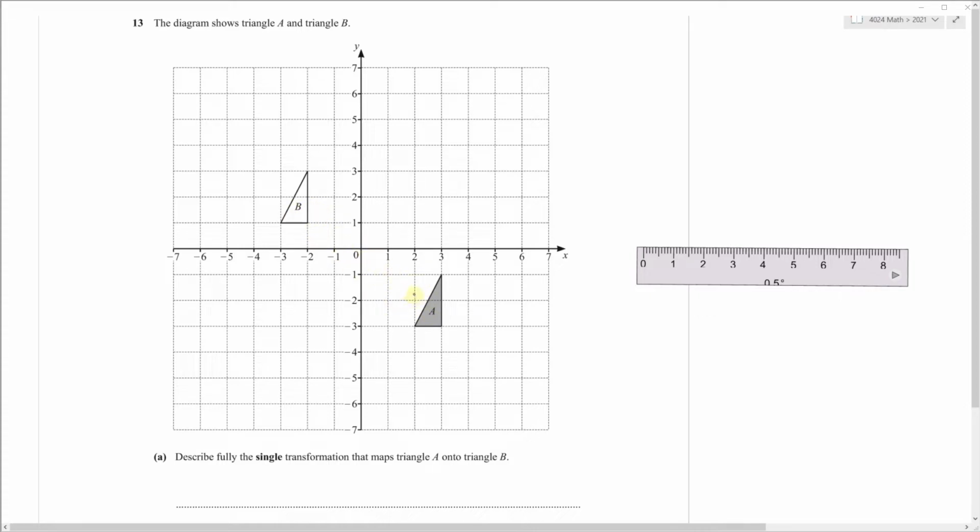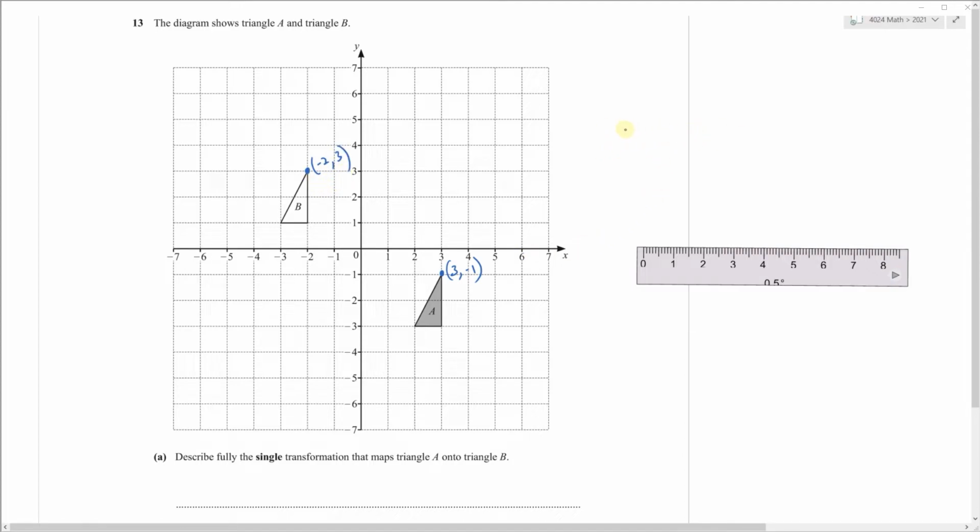So to find the translation vector, I can take any vertex of the object triangle A. Let's take this. Sorry, it has coordinates 3 and minus 1. And the corresponding image will be this vertex of triangle B, which has coordinates minus 2 and 3.